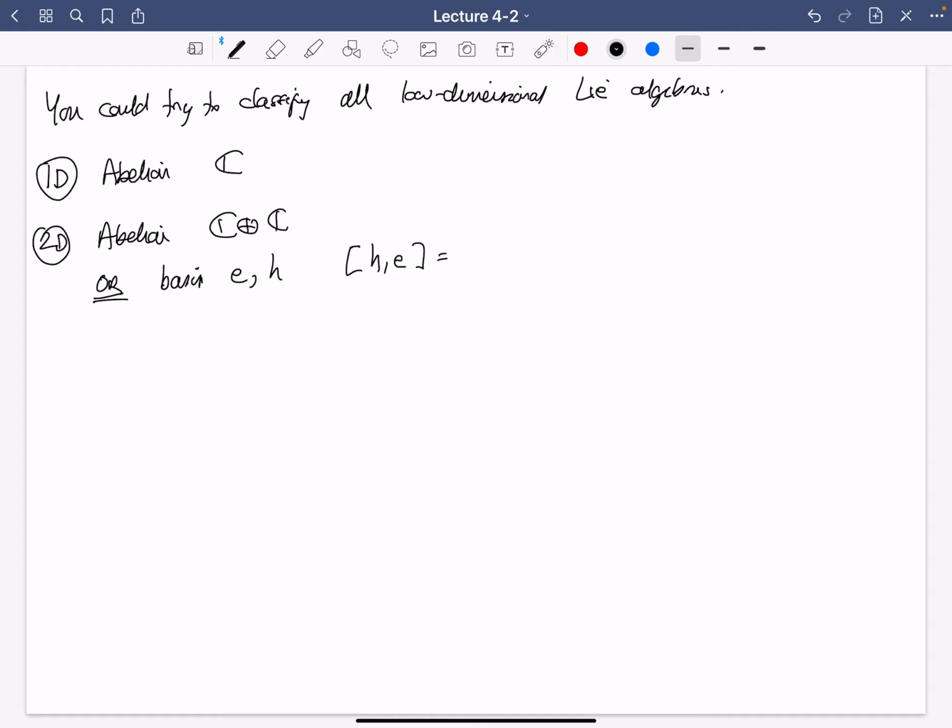It's going to be A times E plus B times H for some A and B in the field, and I'm assuming it's not abelian, so at least one of A and B is going to be non-zero. Let's assume without loss of generality that it's the A that's non-zero.